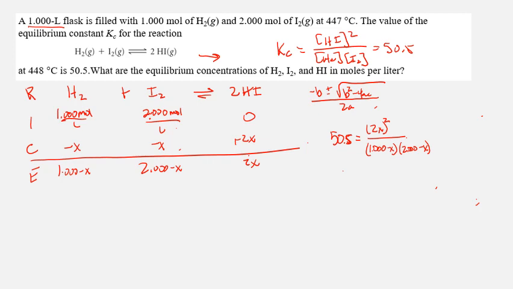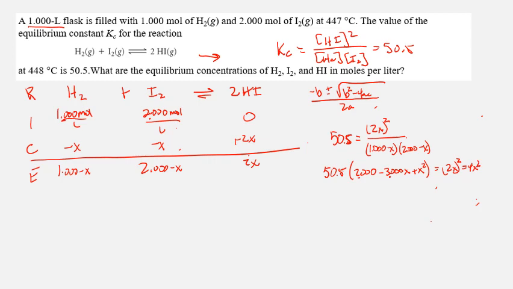So for the bottom part here, I'm just going to put 50.5, multiply it out, we've got 1 times 2, so I'd have the 2.000, and then minus 3.000x, and then plus x squared. So I have that, and then I can set that equal to 2x quantity squared, which is 4x squared.